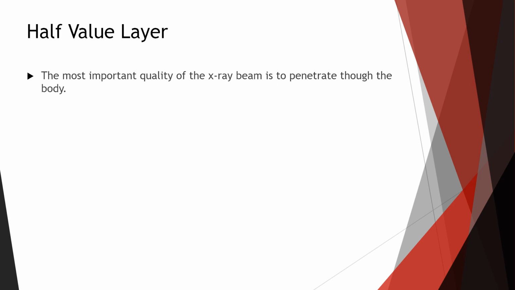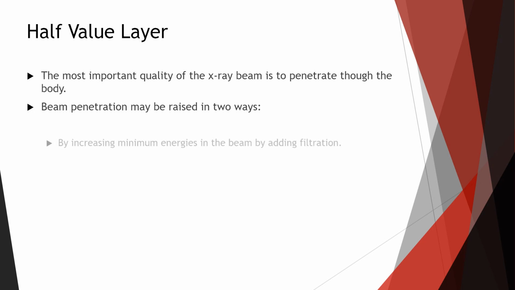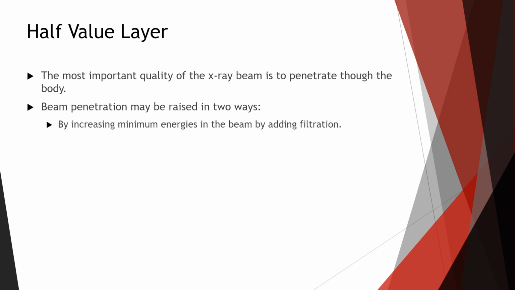That is our purpose. Beam penetration may be raised in two ways. One is by increasing minimum energies in the beam by adding filtration. If we add filtration, it hardens the beam, so the average energy of the beam is going to go up, and the penetration of the beam is going to be higher overall.